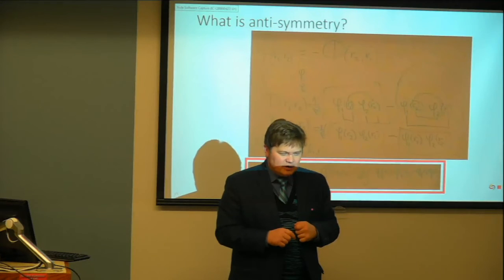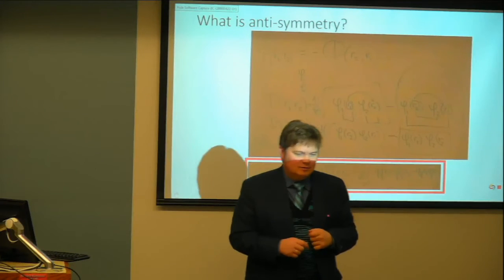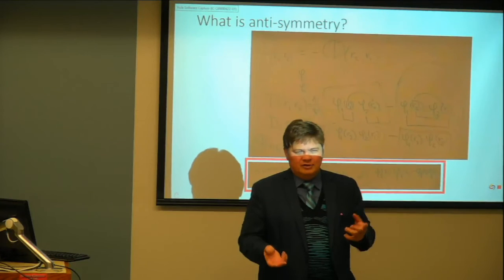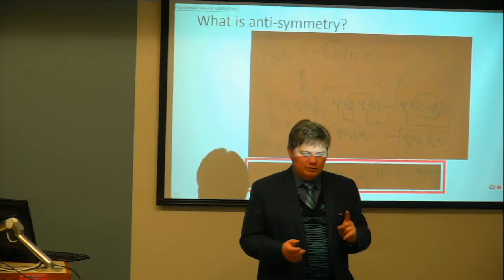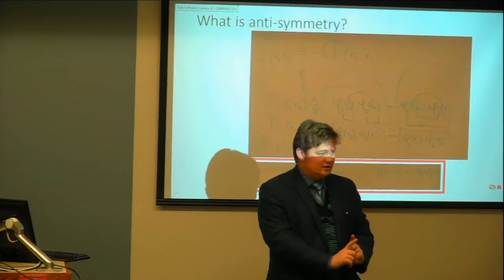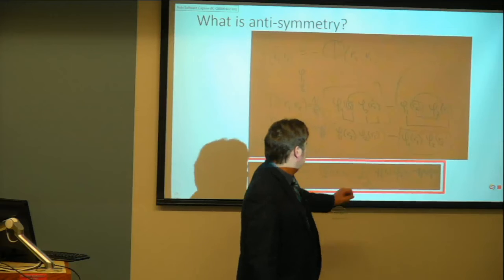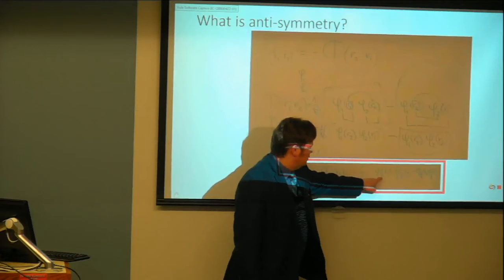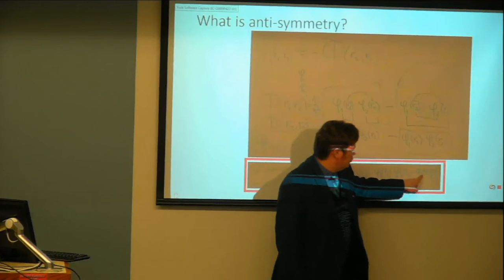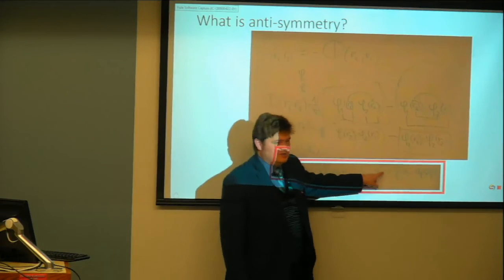In terms of the hydrogen atom, it means that I will try to put two spin-up electrons in the lowest s orbit. So orbital 1, orbital 1, electron 1, electron 2, minus orbital 1, orbital 1, electron 2, electron 1. That gives 0.